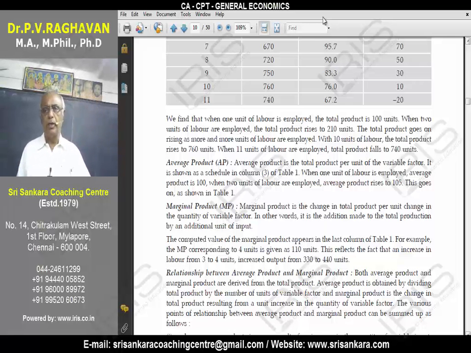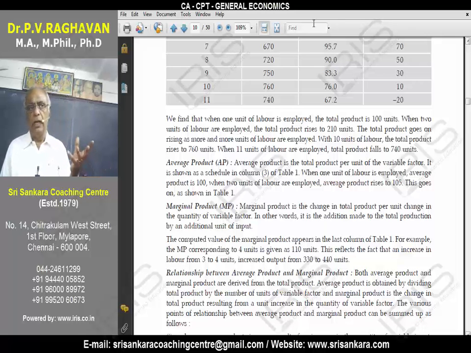Then very important is marginal product. What is marginal product? Marginal product is the addition made to the total product. It is addition made to the total product by employing one more unit of a factor.